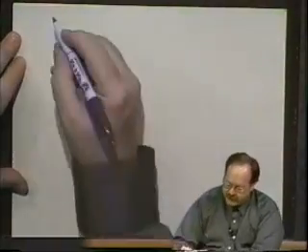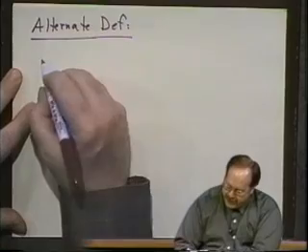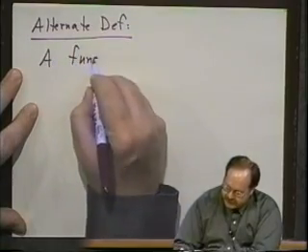So let me write out the definition. I wrote out a definition before. Let me write it out again. This time we'll call it the alternate definition of a function. And here's how it goes. Try and make it sound similar to the other one.